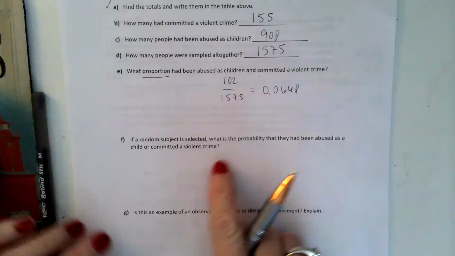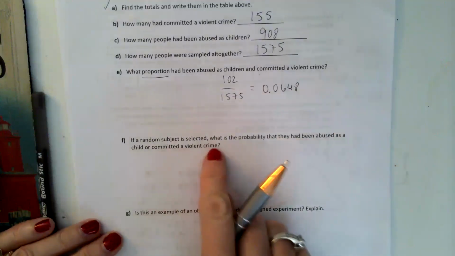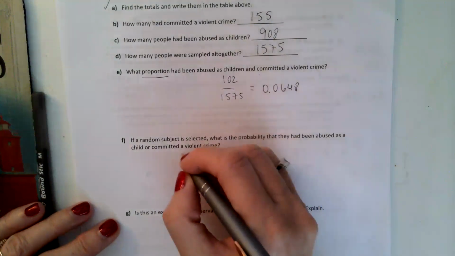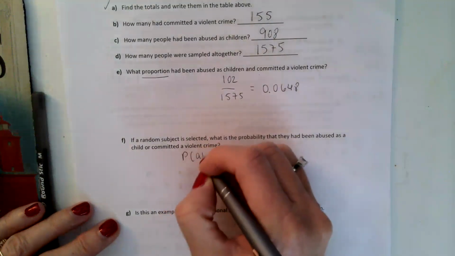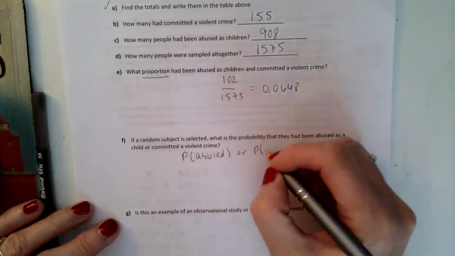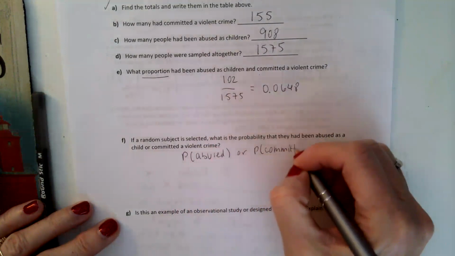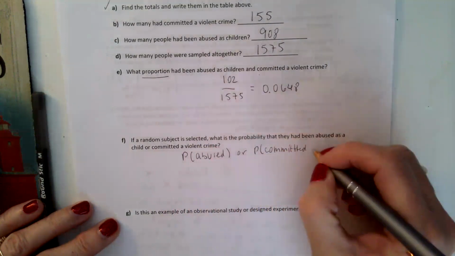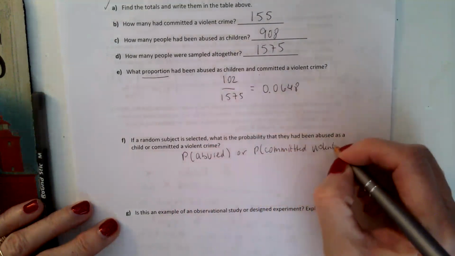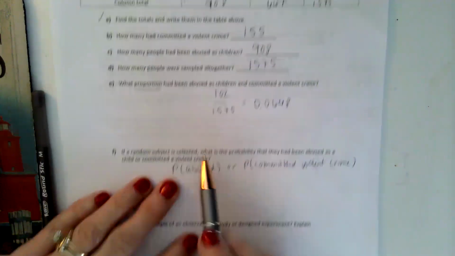That says if a random subject is selected, what is the probability that they had been abused as a child or committed a violent crime? So the probability of abused or probability of committed violent crime. So let's look here.